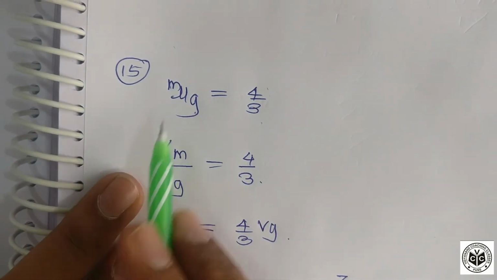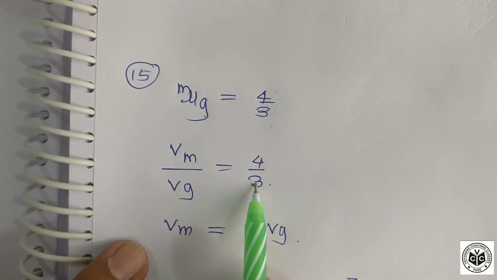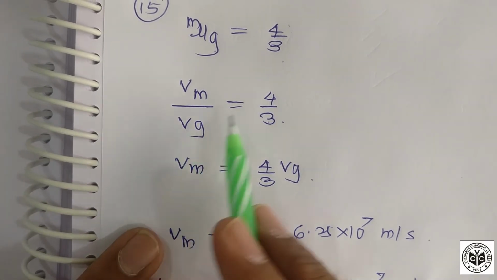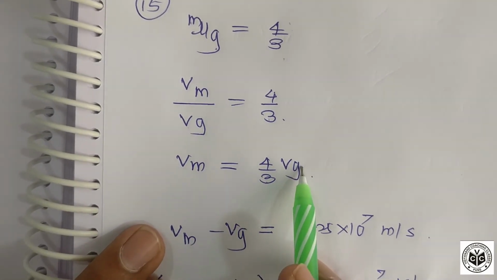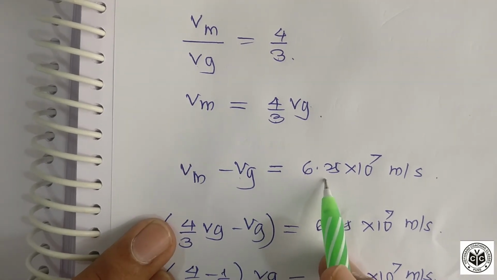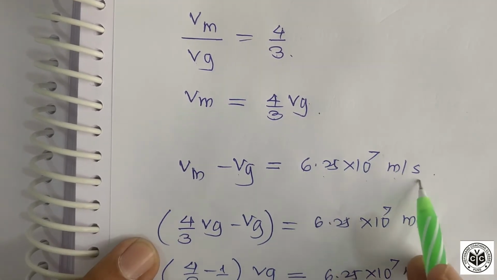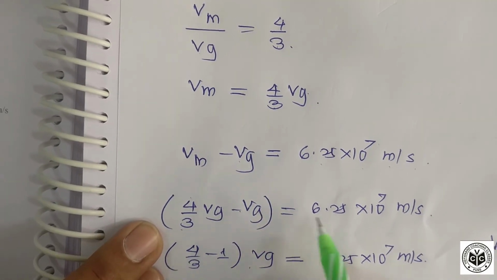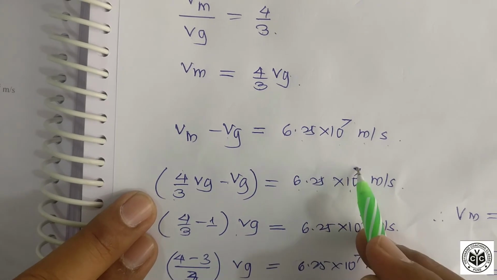So velocity in medium upon velocity in glass is 4 upon 3. So velocity in medium is equal to 4 by 3 into velocity in glass. So Vm minus Vg is given in the example 6.25 into 10 raised to 7 meter per second. 4 upon 3 Vg minus Vg is 6.25 into 10 raised to 7 meter per second.